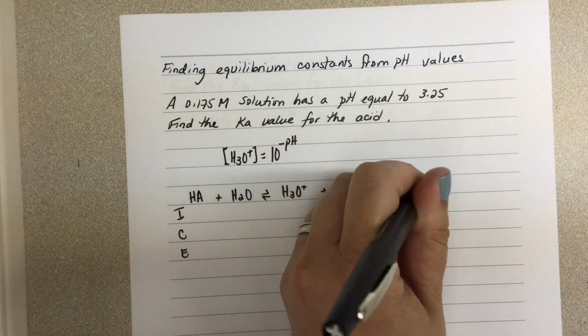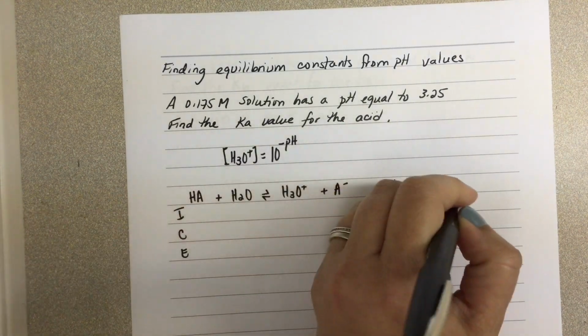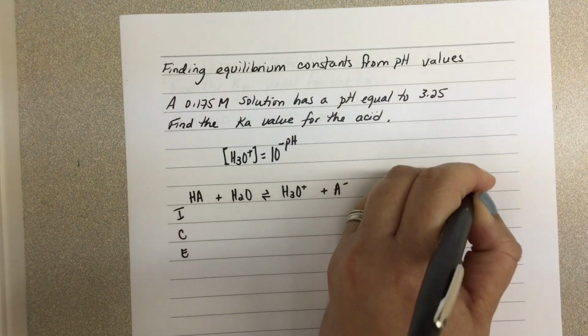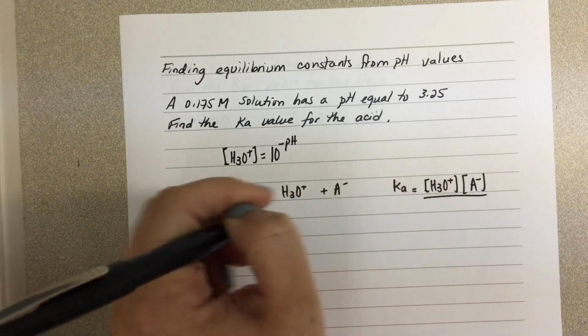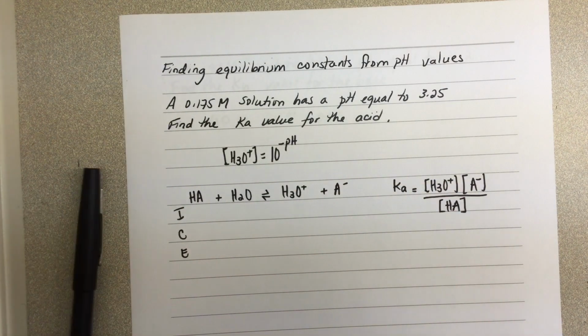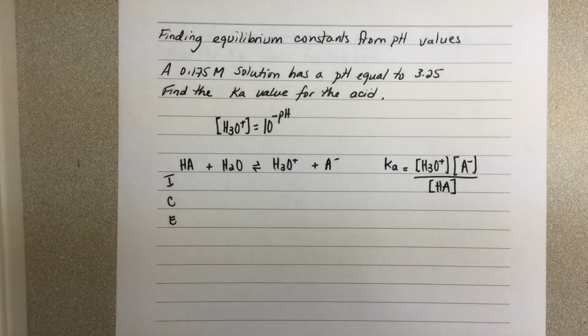So I'm writing down my equilibrium constant so you can see what you need in order to be able to get that value for Ka. So I have my Ka.